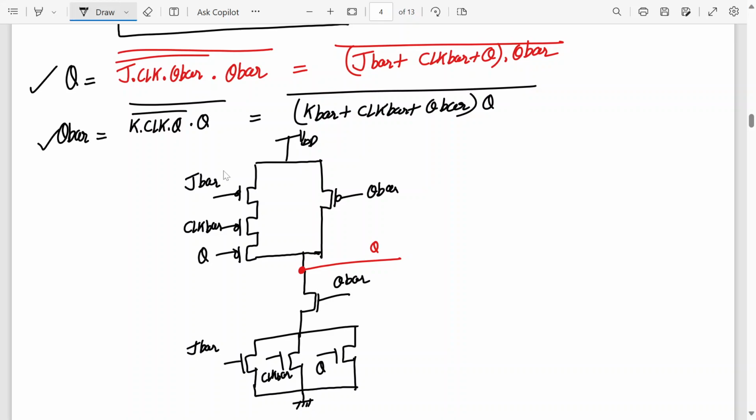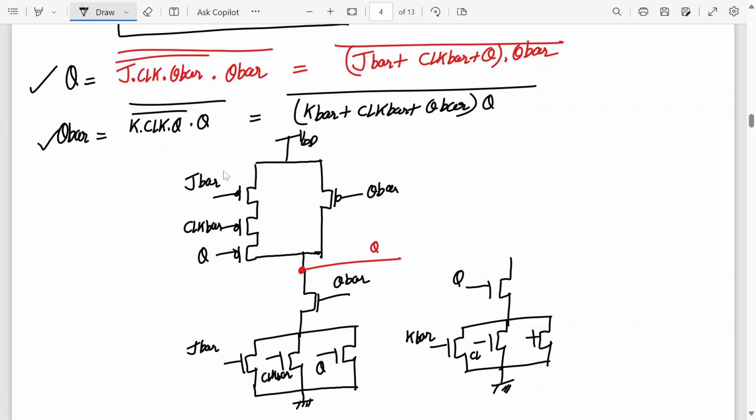Now we implement Q bar. Exactly the same thing, only orientation-wise I'll keep it different, like this. I know I can connect them together later. So draw three NMOS transistors in parallel, which is in series with a single NMOS transistor. So here this will be, I think, Q, this will be K bar, clock bar, and Q bar.